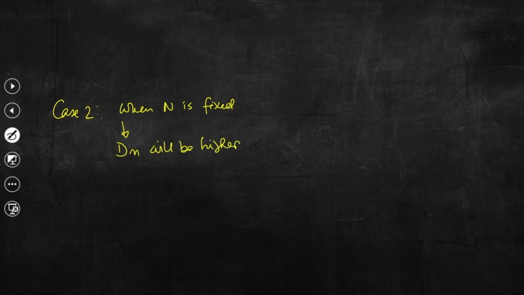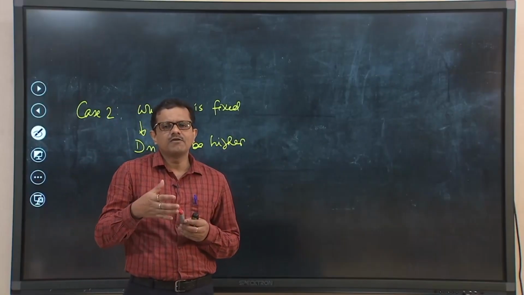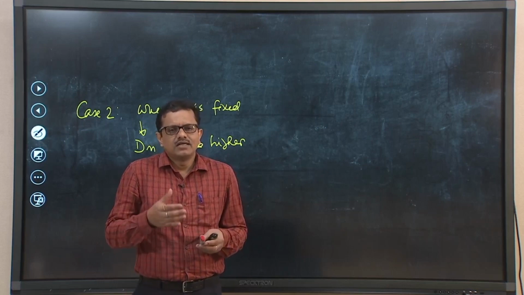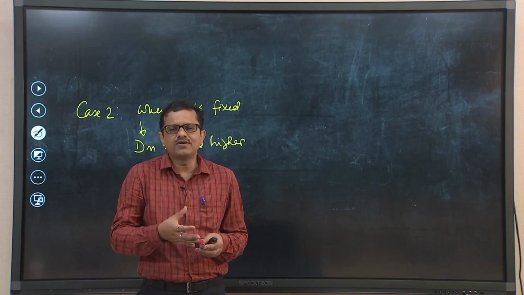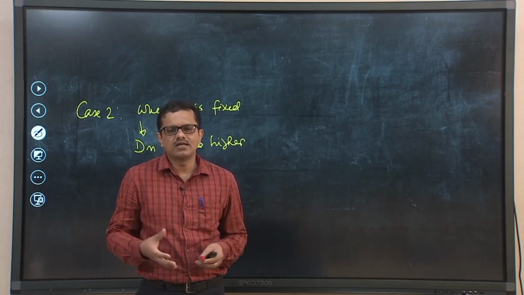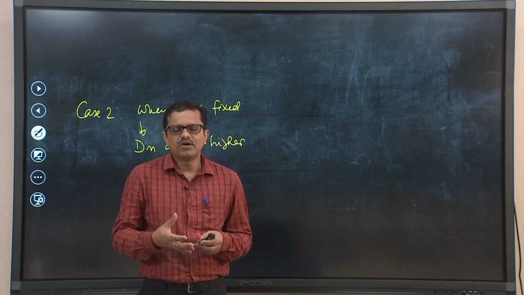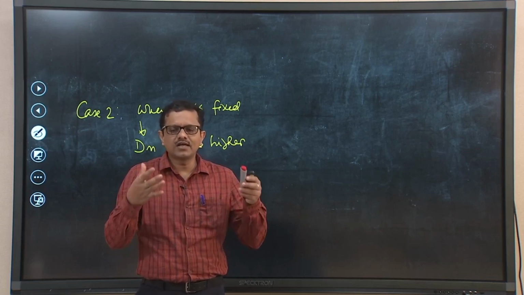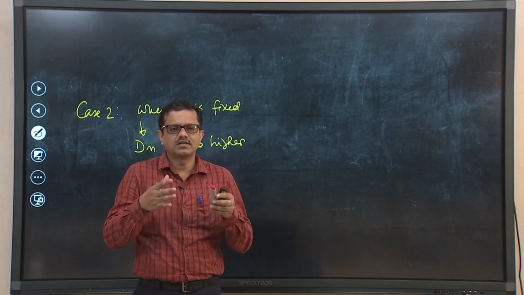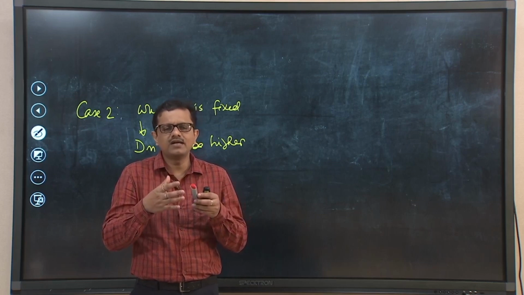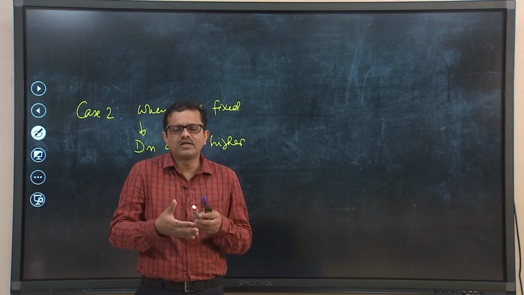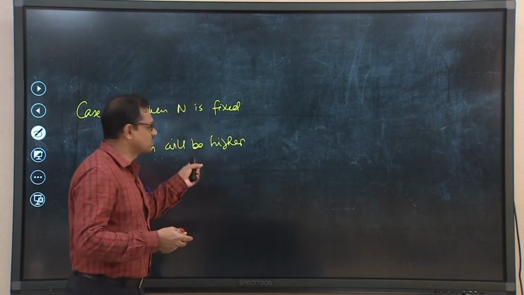Again, this is not a desirable situation, as I said that increasing the wheel diameter beyond a particular value is not allowed, because we have space limitation. The entire turbine unit which is there in a power plant, so we cannot go beyond a particular value to increase the diameter of the wheel. So, this is also not possible.